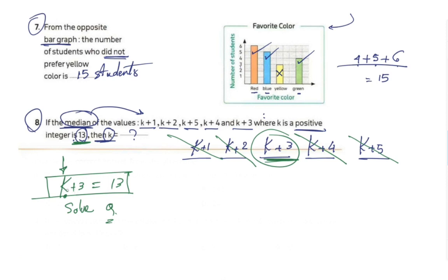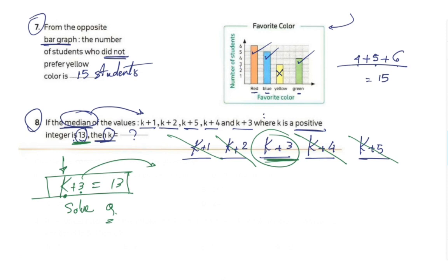Now I have k plus 3 equals 13. I need to get rid of this 3 by sending it to the other side. But note, we have plus 3, so I will send it as minus 3.